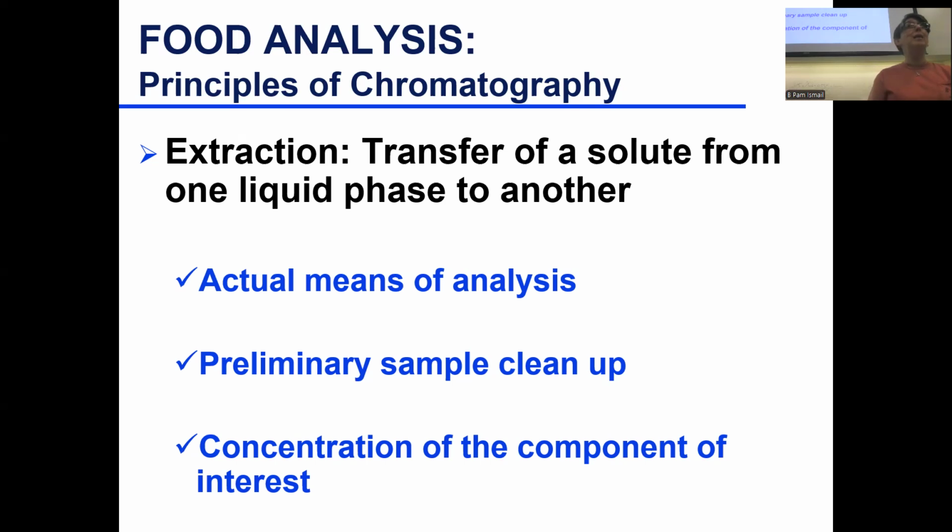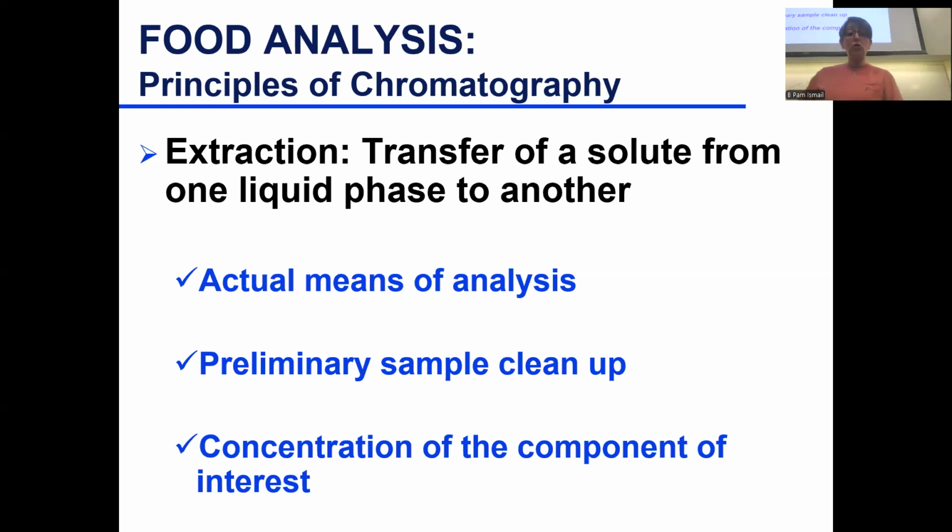Preliminary sample cleanup. In carbohydrates, what do you do before you assess carbohydrates, if it's a complex sample? Or even before protein extraction? We remove the fat. We defat so that the fat is not interfering in our next process. So sometimes we clean it up by removing some of the fat.